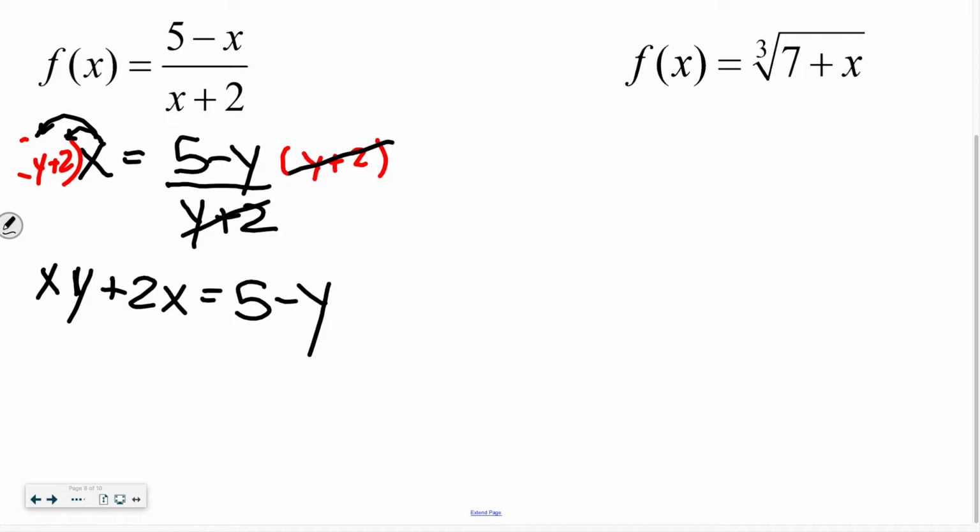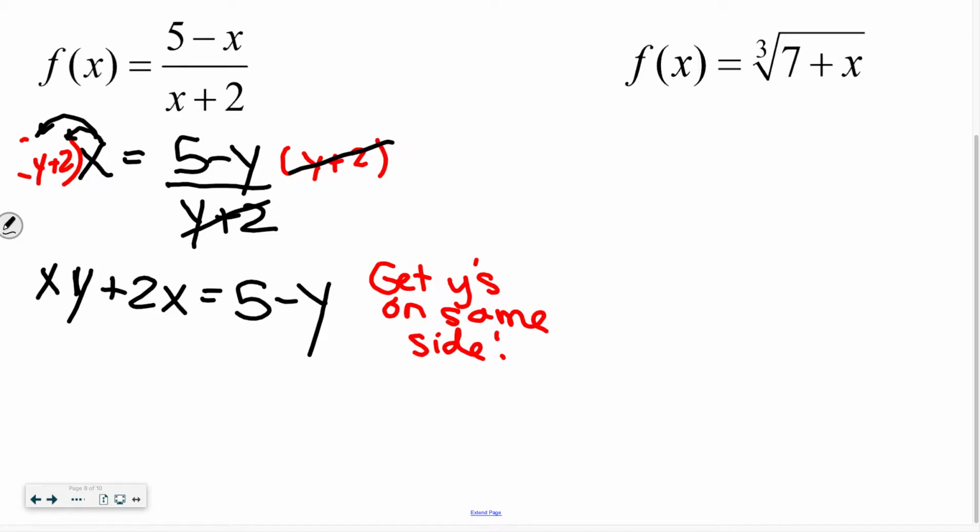So I'm going to make a note here. Get y's on the same side. This is where a lot of people are going to get stuck. They're like, okay, well now what do I do? Okay, you have to reset the goal of solving for y. You need the y's to be on the same side. If a term doesn't have y, get it on the other side.